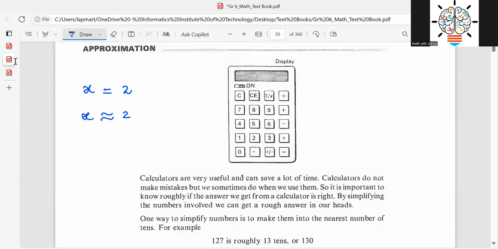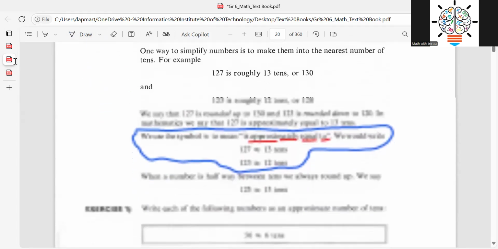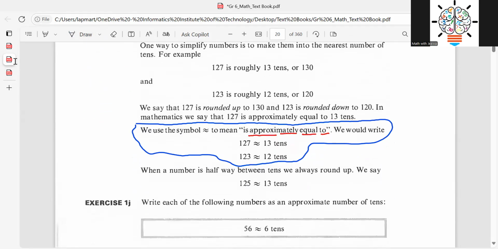The equal sign we use when it is exactly equal to 2. But when you have something wavy like this, in the second example, that is approximately, roughly equal to 2. So first, you write down that we use this wavy symbol to mean approximately equal to.